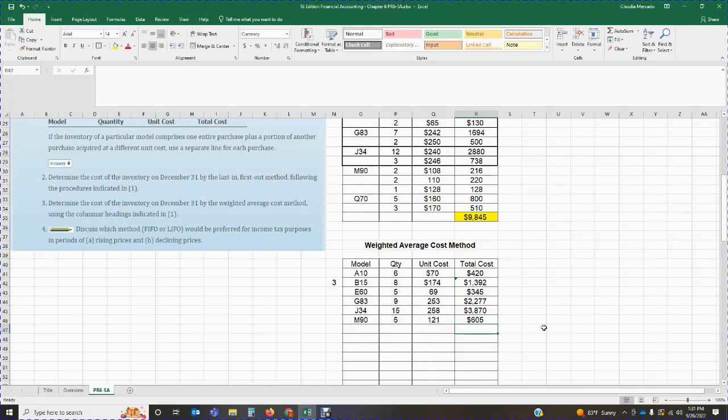That gives me 605. So for model M90, I have 5 units remaining, valued at 121 for a cost of 605. Okay. Last but not least, we've got Q70.